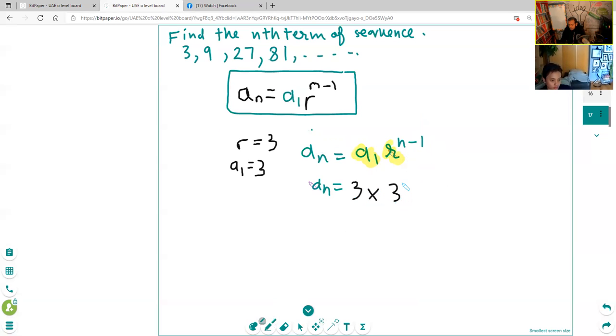If there is no sign between two variables, this means there is a multiplication sign. Now simplify. These are the same bases, then you should add their powers, okay?